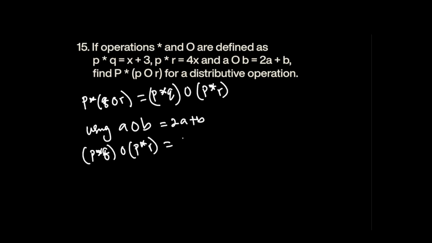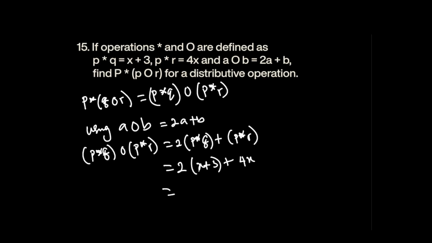Am I making sense now? So we have 2 into bracket P operation Q plus, our B is going to be P operation R. Then you ask yourself, what is P operation Q? That is x plus 3. Then plus, what's P operation R? That's 4x.